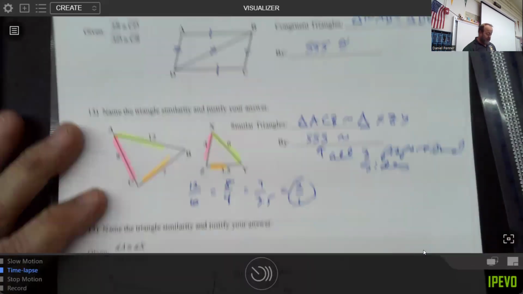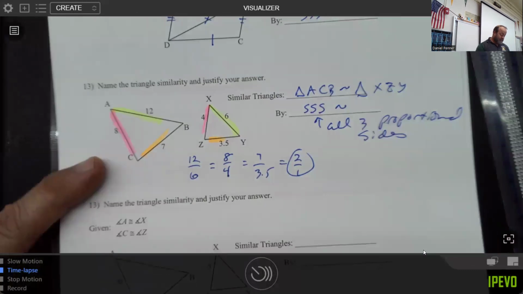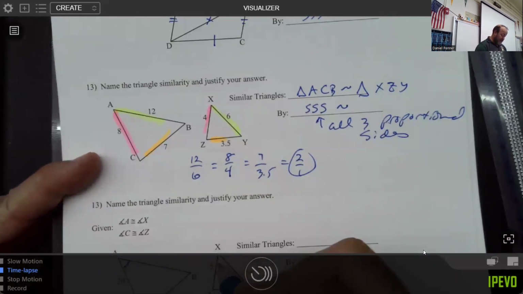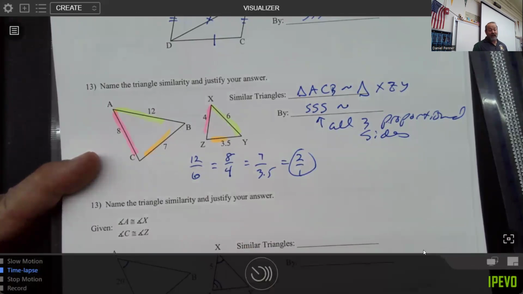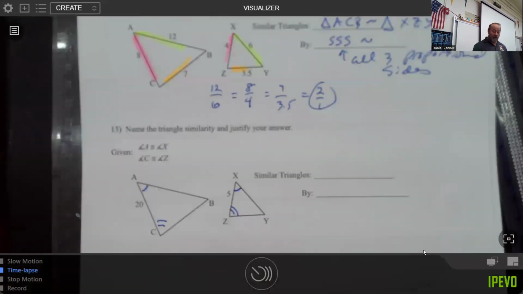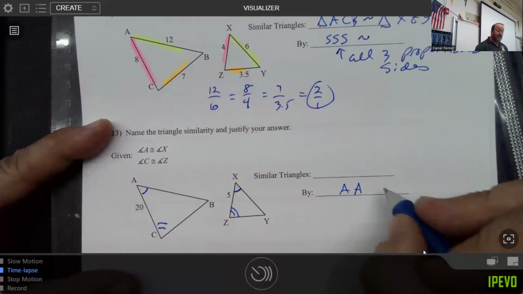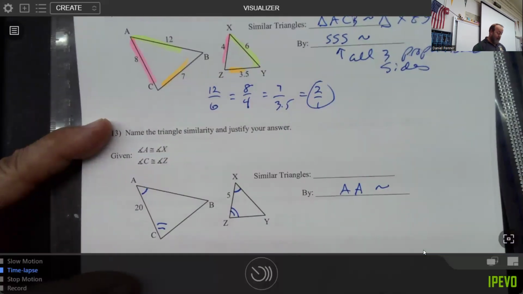Now, going a little bit further, if we have angle A right here the same as angle X, and angle C right here the same as angle Z, the 5 and the 20 are completely irrelevant pieces of information because all it takes to show similarity is two angles.